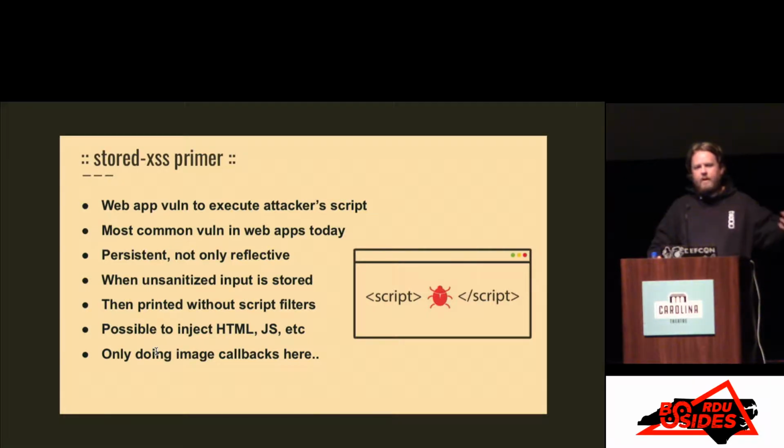Then it's printed out or echoed to the web application user, in this case a malware actor who's logging in to look at all the infected machines under their control. So it's printed out and it's rendered. And although it's possible within stored cross-site scripting vulnerabilities to insert JavaScript, with this particular system, we're solely doing benign image callbacks, and I'll show you why that is when we touch upon the legality concerns here in a little bit.